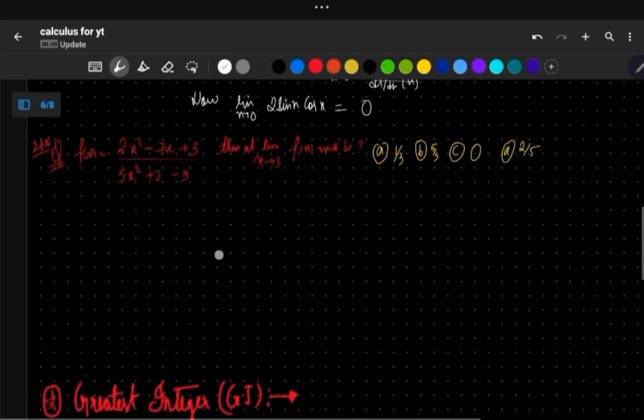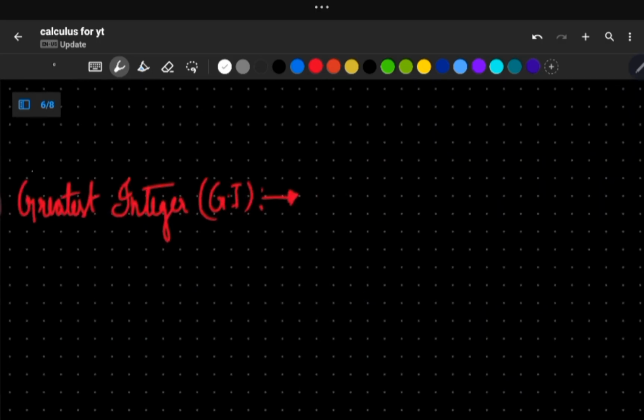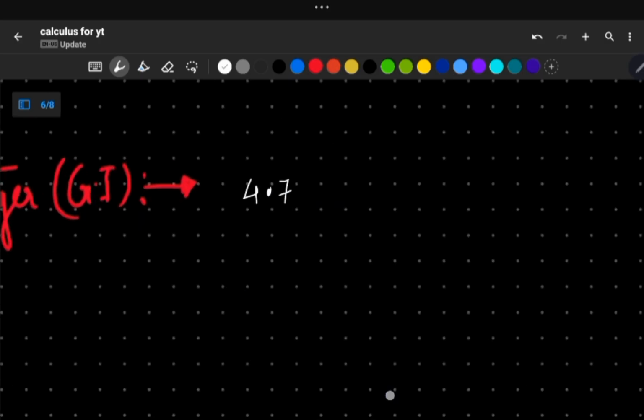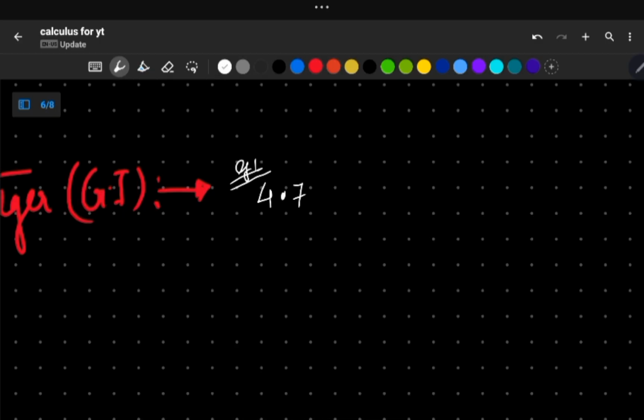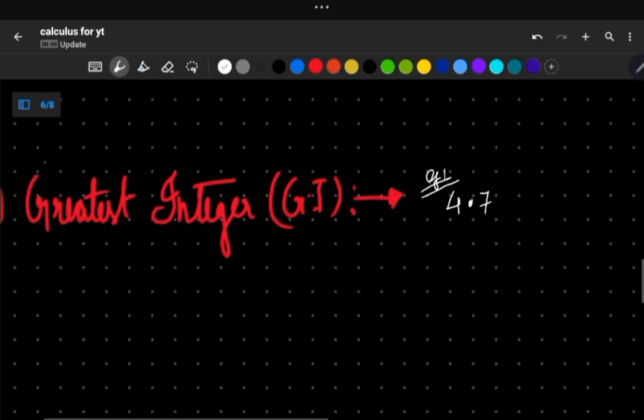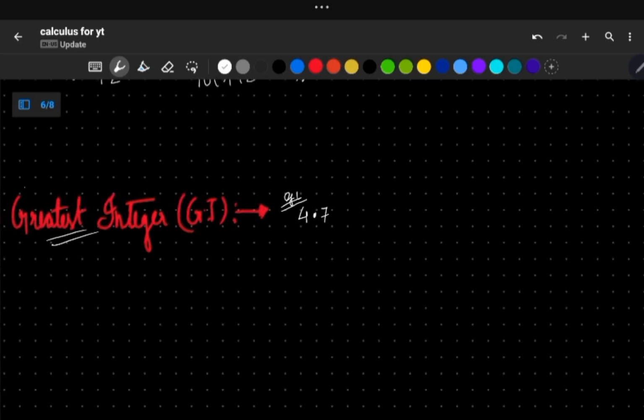After that, let us talk about the greatest integer. What is the greatest integer? In 11th or 12th we have heard about this. For example, taking 4.7, we do the opposite of greatest, we take the smallest.